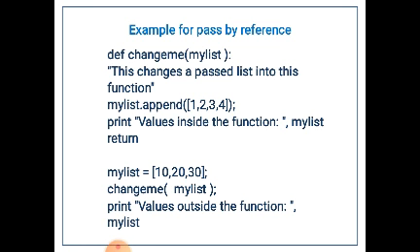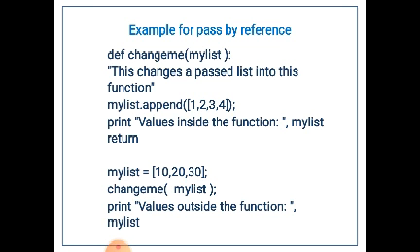So as you can see, we have called the print function, and there is another list called mylist, which contains 10, 20, 30. See the name there on the top.